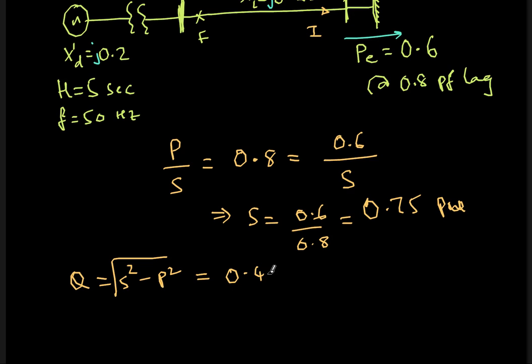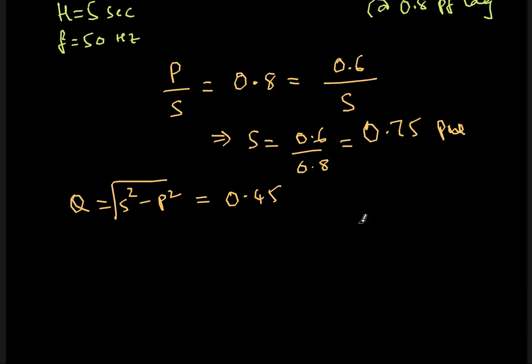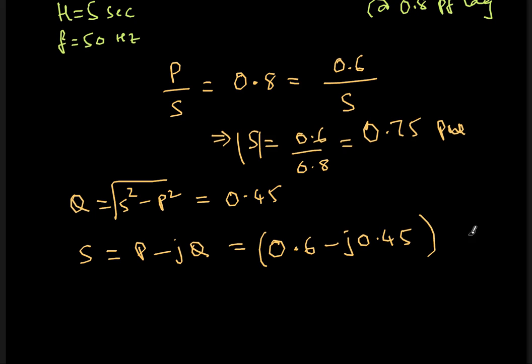So this is the magnitude of S. I can represent S as a complex number, that is P minus JQ. I am using a minus sign because it is given as a lagging power factor. Therefore active power is 0.6 and reactive power is 0.45. So this is my S, the complex power supplied to the infinite bus.